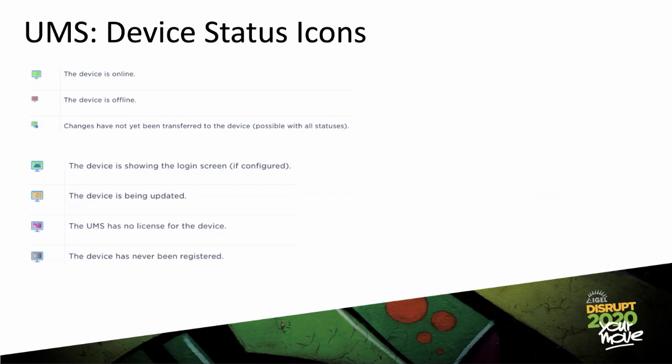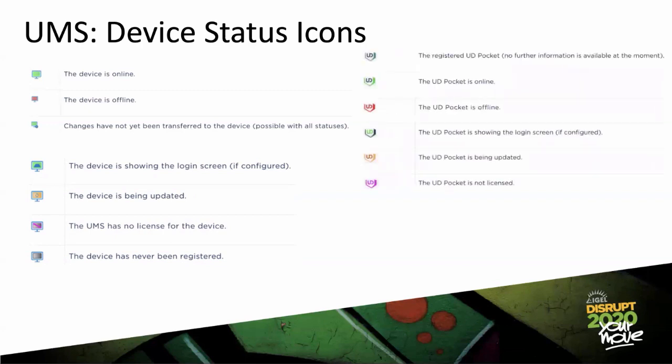So you see that often when you prepare your UMS, perhaps you ordered devices, you can get a CSV file from our production center in Bremen, so you can prepare your UMS. Because this device was never there, it has a black icon. As soon as you start these devices, they will show up and be green. Regarding the UD Pocket, it's about the same regarding the colors, but the icon is a little adjusted.